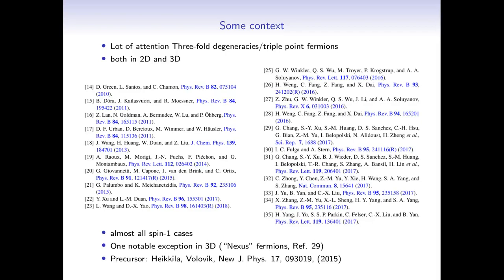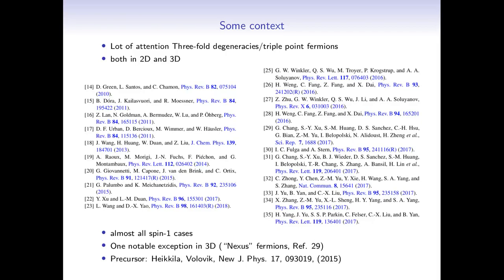Just to point out, triple point degeneracies have been studied for some time now, mostly in 3D and a little bit in 2D, but mostly, as we previously saw, as the SU(2) spin 1 model, which is a B dot S model with the spin 1 problem. But there is an exception: in 3D you can see exactly this kind of line degeneracy, and they're called nexus fermions.